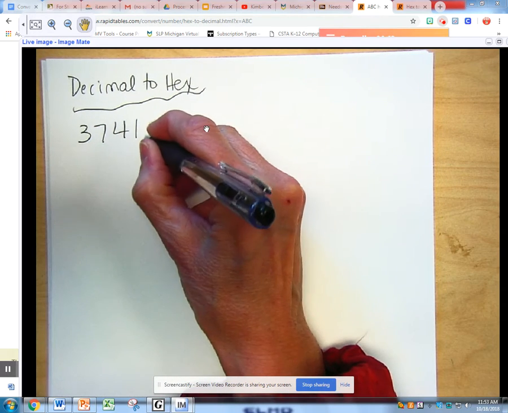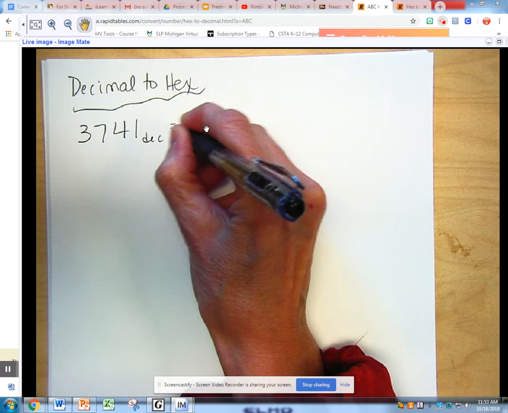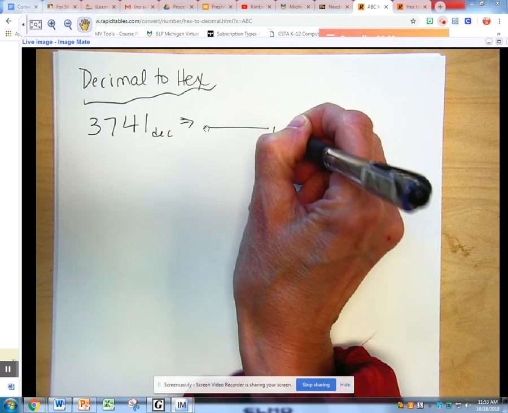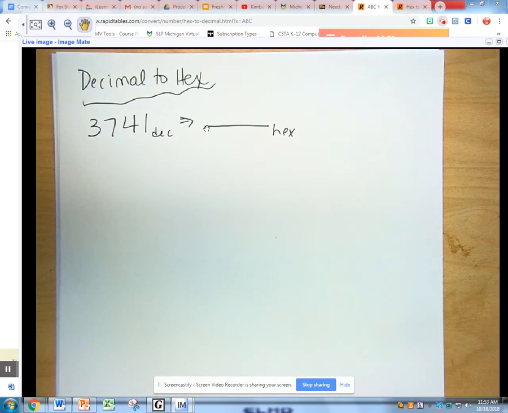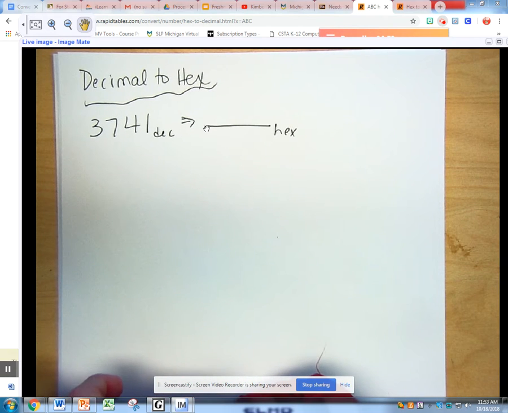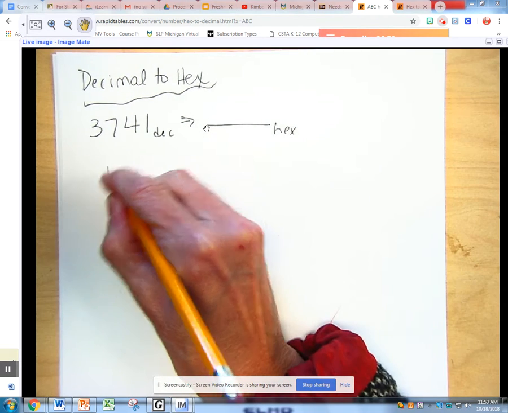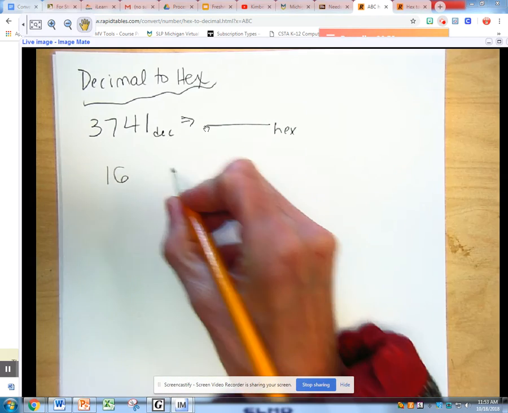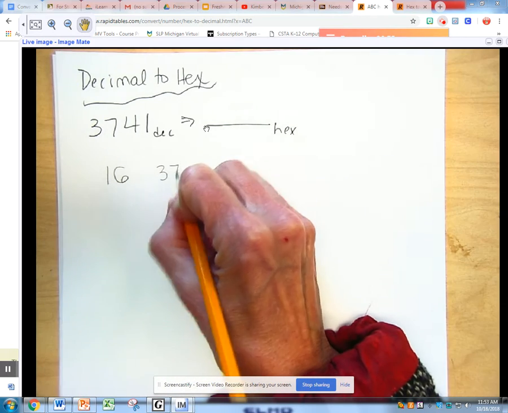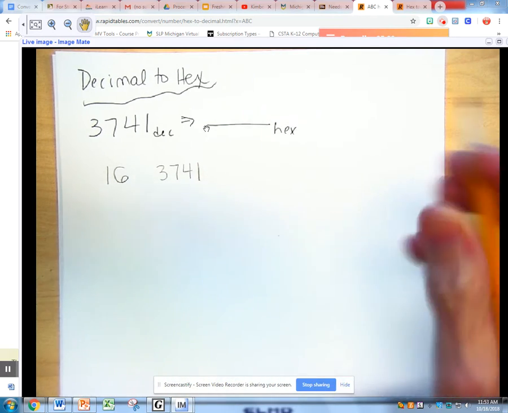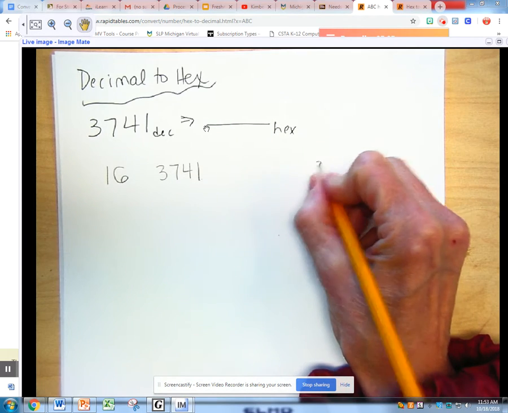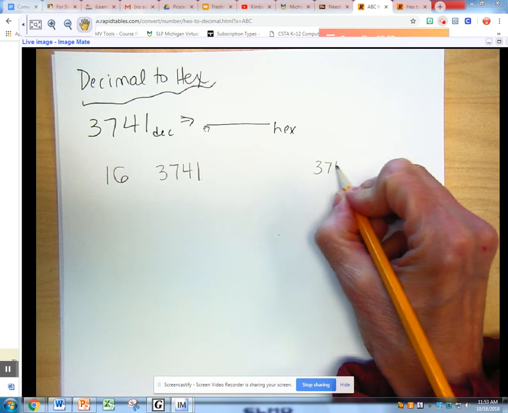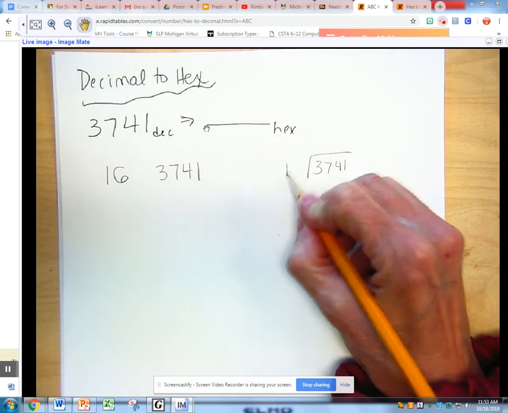We're going from decimal to some hex value. So this is going to look just like what we did before. I am going to write in pencil so I don't make a mistake. So we're going to write the base 16 and then the number. So what we do is we divide 3741 by 16. I am going to show you the work on the side because this is exactly how I do it.